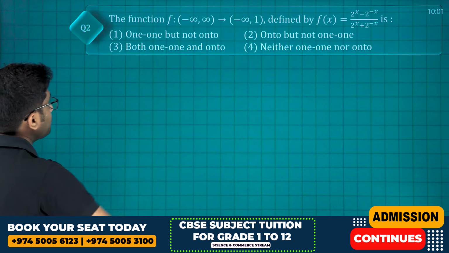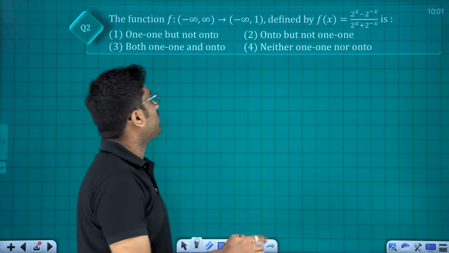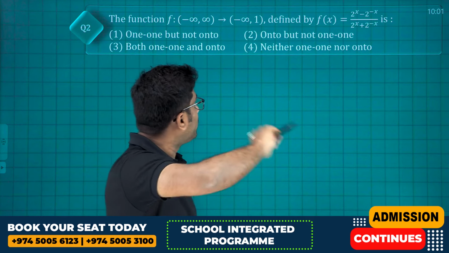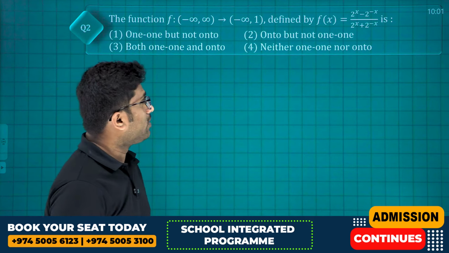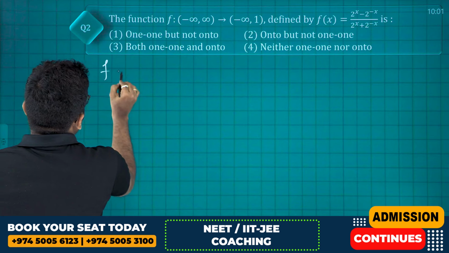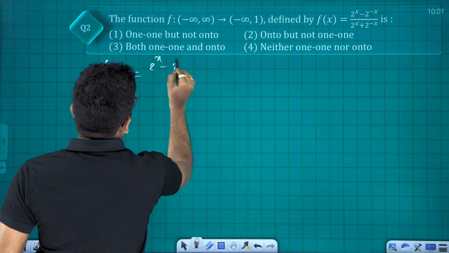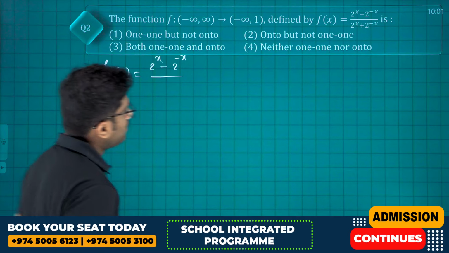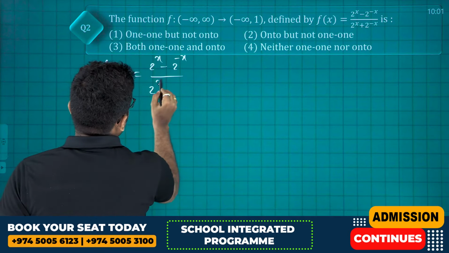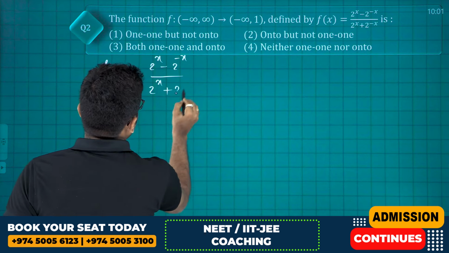Next question. The function f mapping from minus infinity to infinity, minus infinity to 1, defined by f of x is equal to, they have given f of x is equal to 2 raised to x minus 2 power minus x, whole divided by 2 power x plus 2 power minus x.